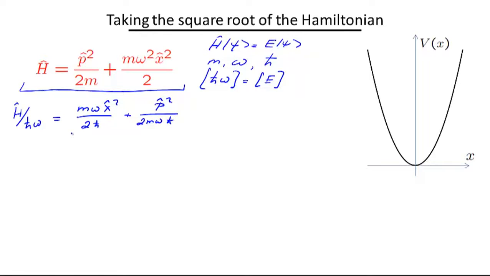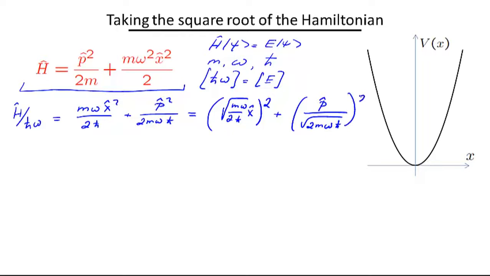So I just switched the order in which these two terms appear in this Hamiltonian. And the next step I'm going to use is also going to be pretty strange from any point of view. I'm going to write the first term as the square root of m omega over 2 h-bar times x, squared, plus the second term likewise is going to be p over the square root of 2 m omega h-bar, squared.